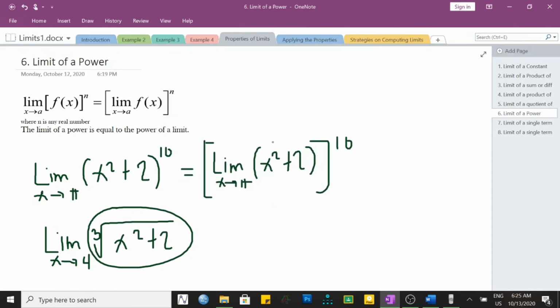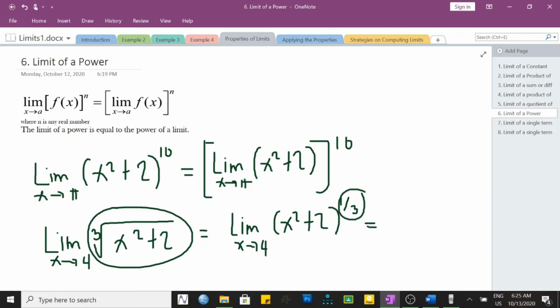How do we do that? We may write first limit of x squared plus 2. Remember that cube root of a particular number is that number raised to a fractional exponent, that is 1/3, as x approaches 4. And there we can see the power.